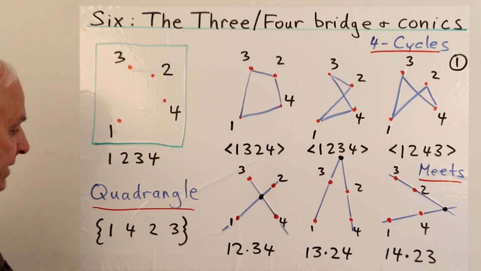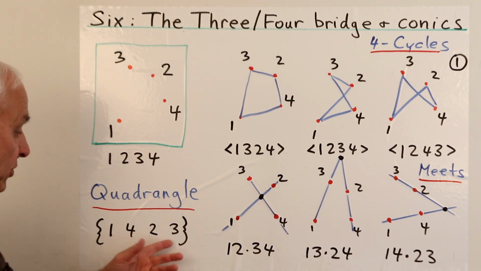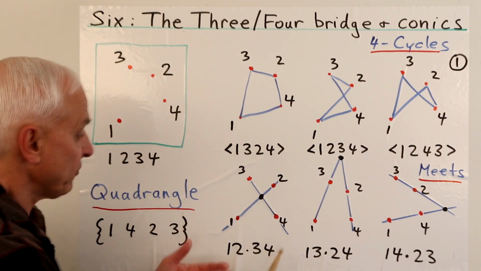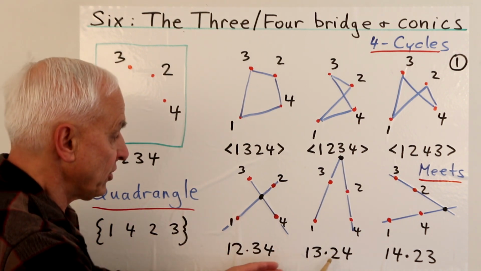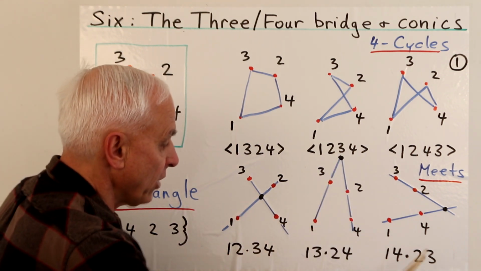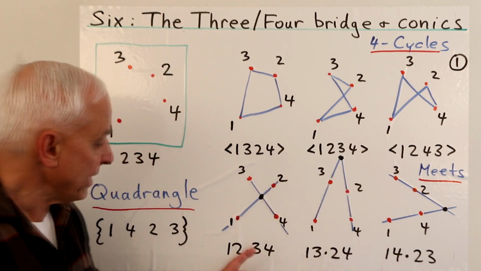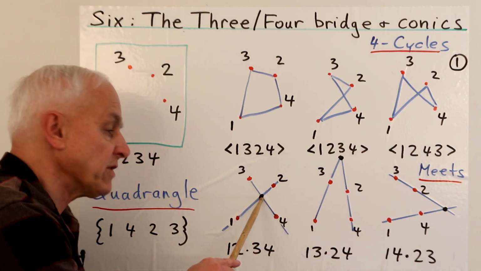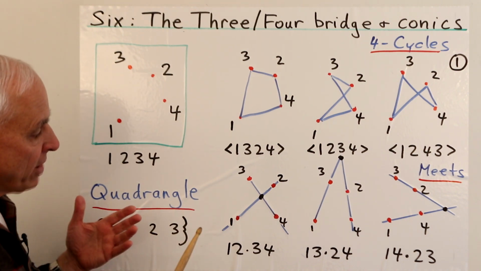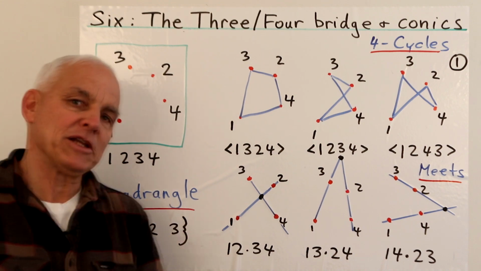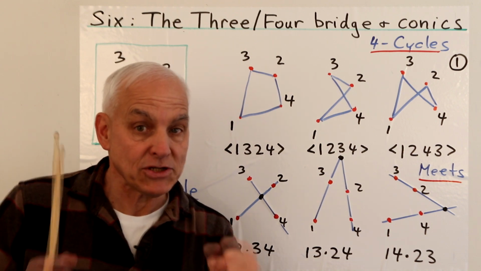In terms of a quadrangle, which is just a set of 4 nodes, 1, 4, 2, 3, let's say, these meets have traditional names: 12.34, which represents this one; 13.24, which represents this one; and 14.23, which represents this one. So the way I've proceeded so far is the meets actually sort of refer to the points of intersections of these edges or lines. Today we want to augment this picture and connect a little bit with some geometry and actually bring conics in a very simple and elementary way into the story.